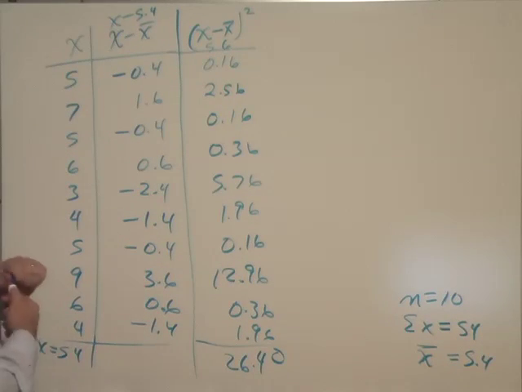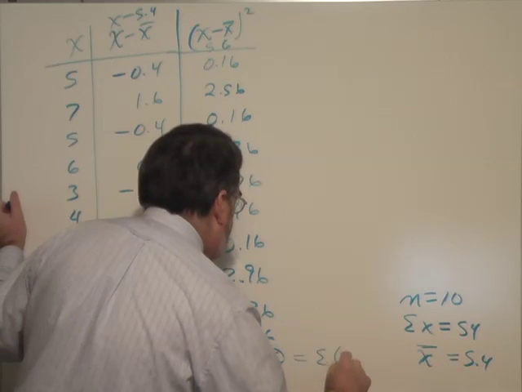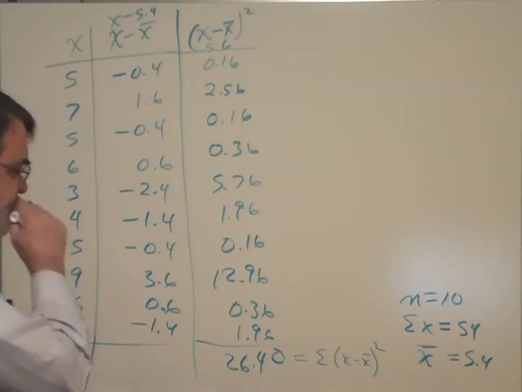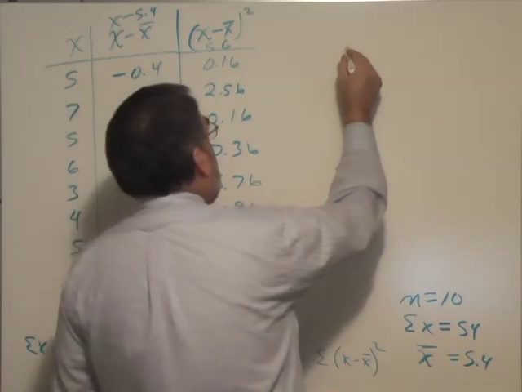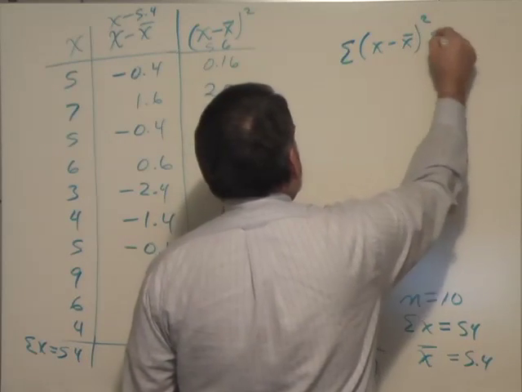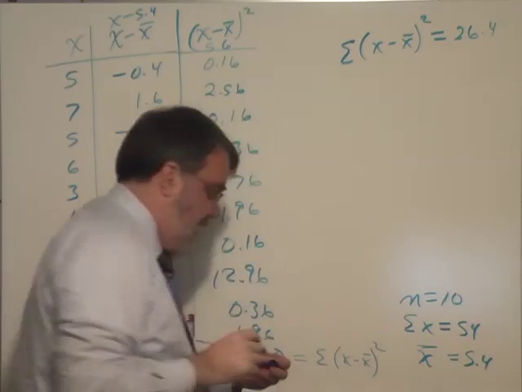Okay, so now this is the sum of the x minus x bar quantity squared. Alright, so sigma, parentheses x minus x bar squared, is 26.4.